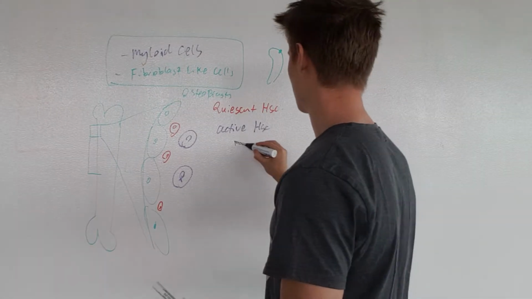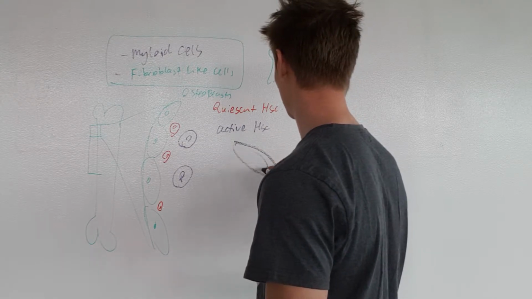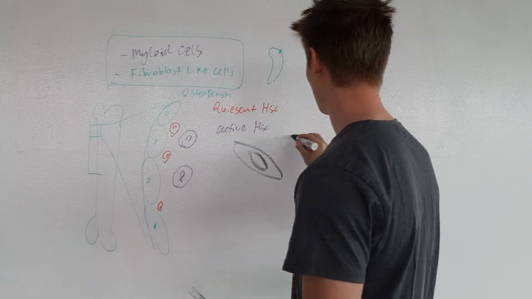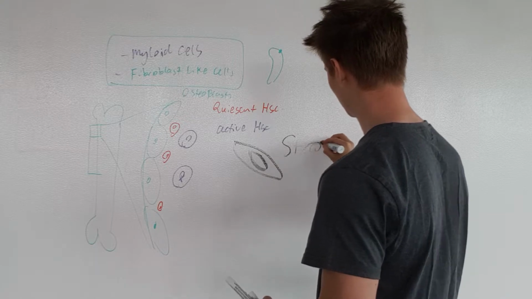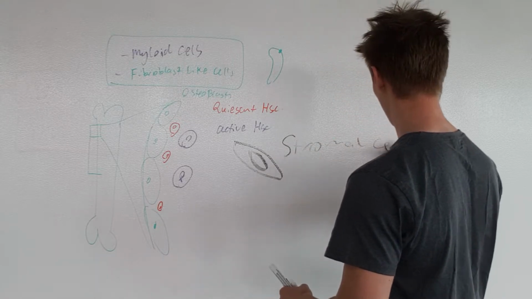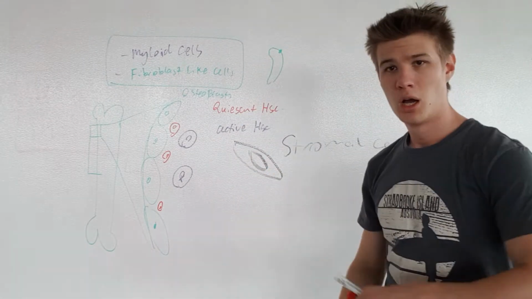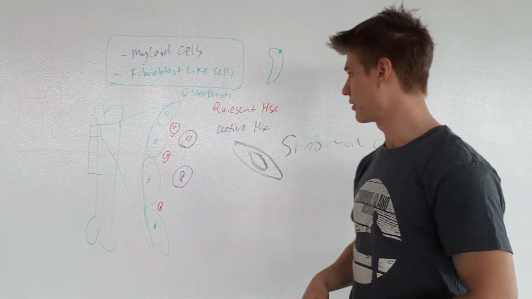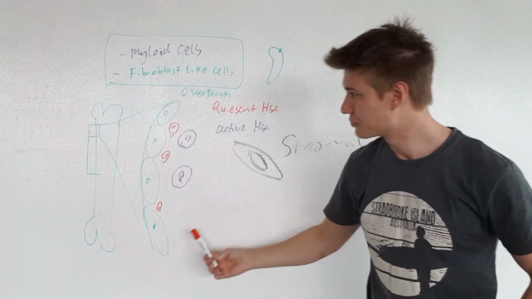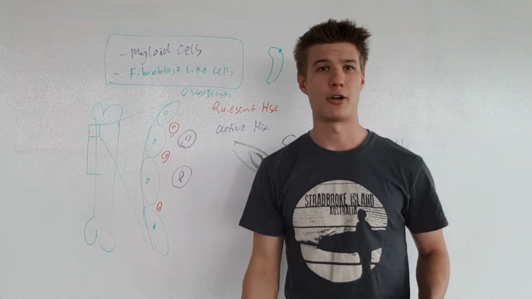We also have stromal cells, which are a bit elongated. So this is the niche within the bone marrow.